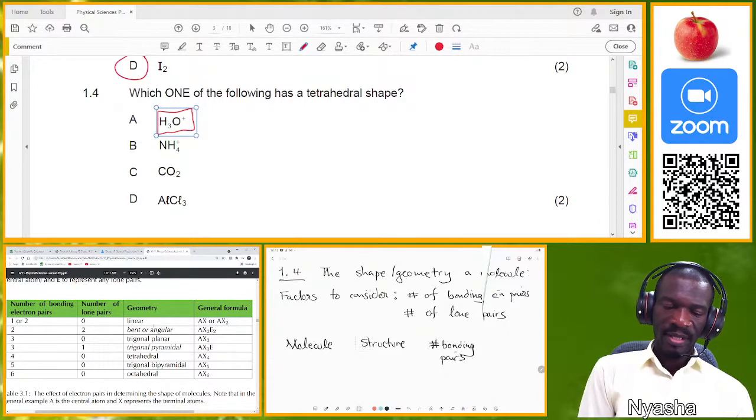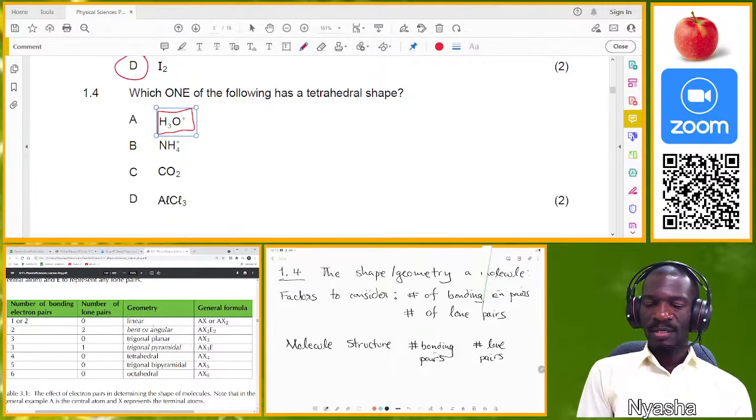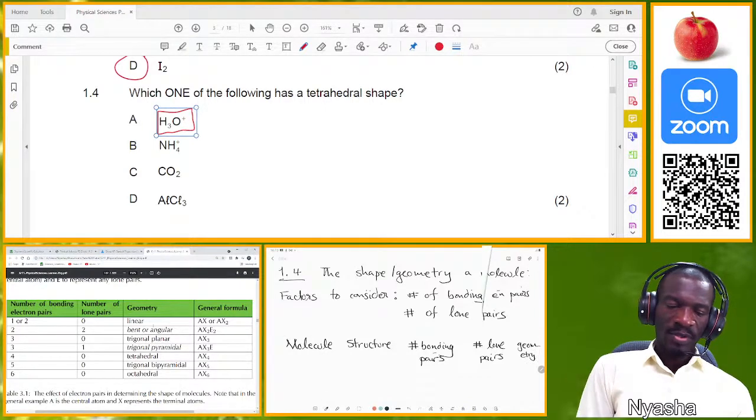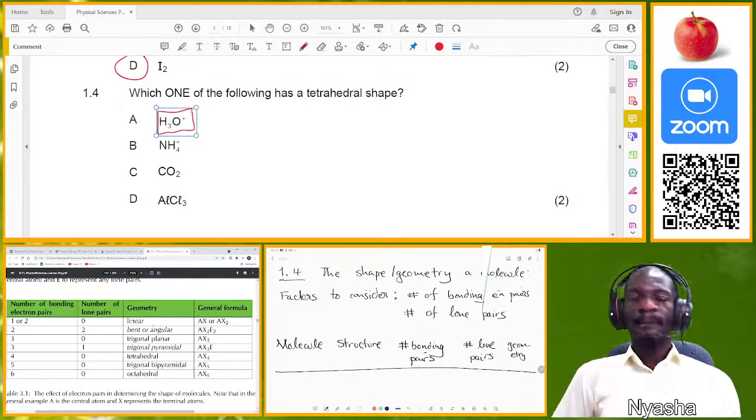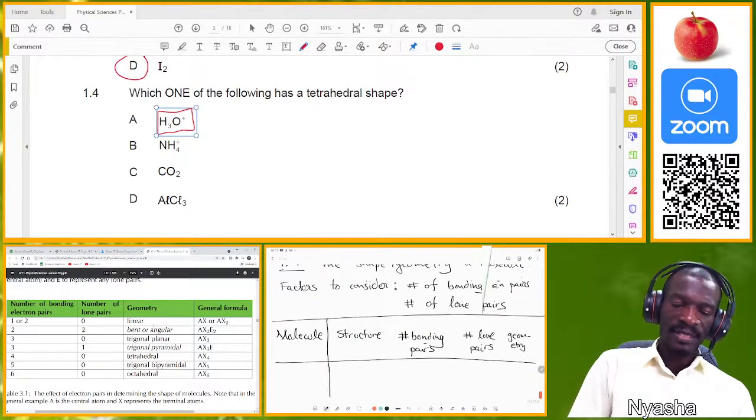Let's bring this here, bring this there, and then number of lone electron pairs. And the last one is the geometry. So that's our table. With a table, you can see how you categorize these properties.